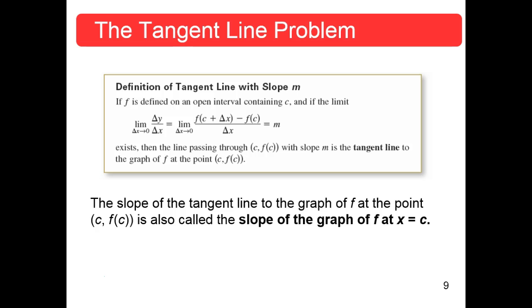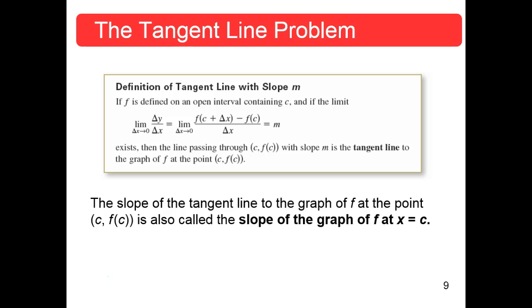If f is defined on an open interval containing c, and if the limit as delta x approaches 0 of delta y over delta x, the limit of this is the change of y, f(c plus delta x) minus f(c), divided by delta x. That is your slope. If that limit exists, then the line passing through (c, f(c)) with slope m is the tangent line to the graph of f at the point (c, f(c)).